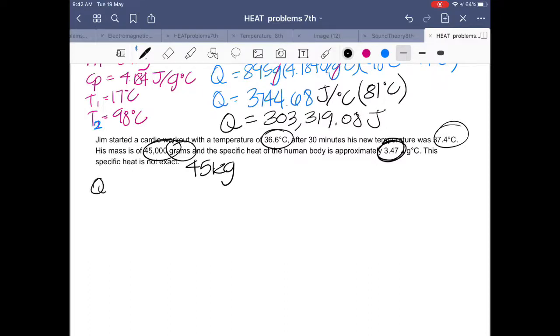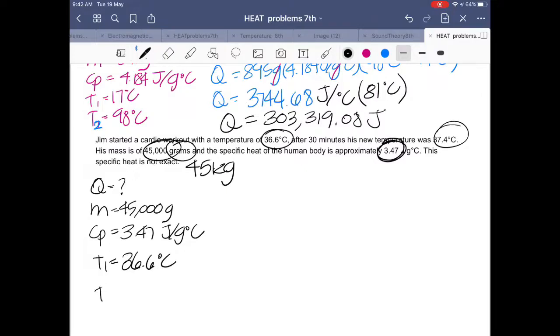So we have heat equals question mark. We have a mass of 45,000 grams. We have a specific heat of 3.47 joules over grams per degree Celsius. And we have a temperature 1 of 36.6 degrees Celsius and a temperature 2 of 37.4 degrees Celsius. So heat equals mass times specific heat times delta of temperatures.